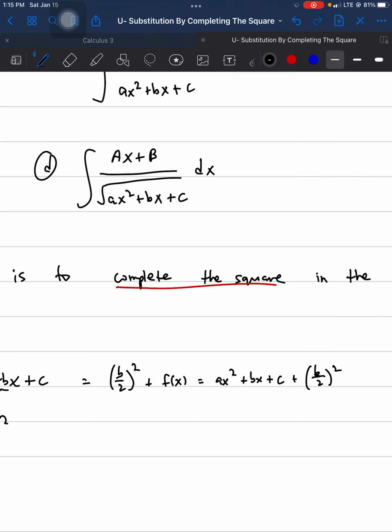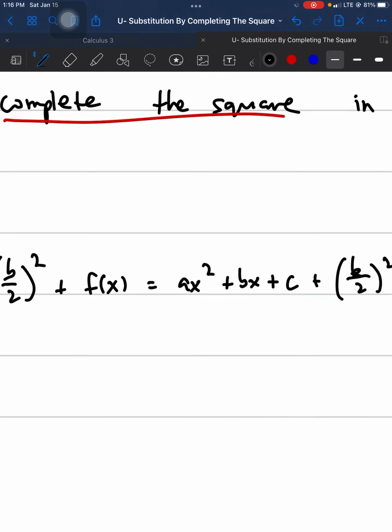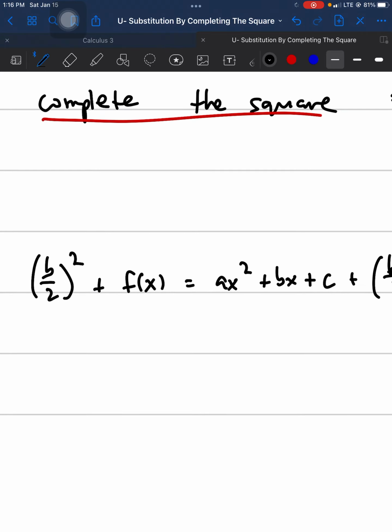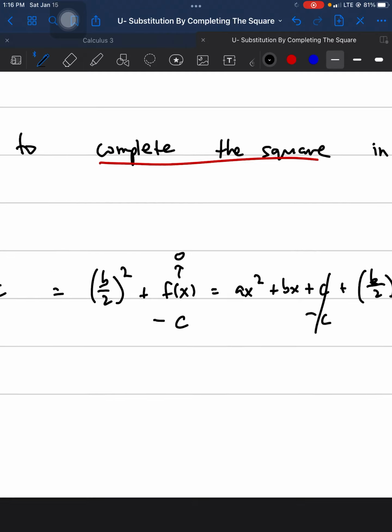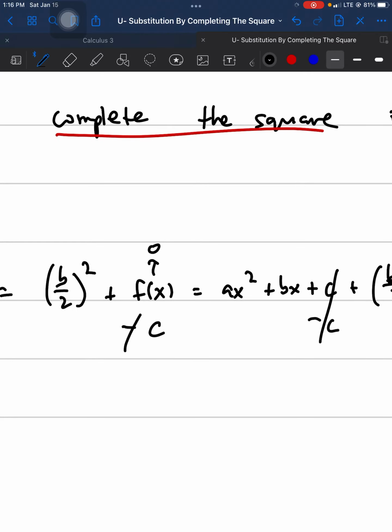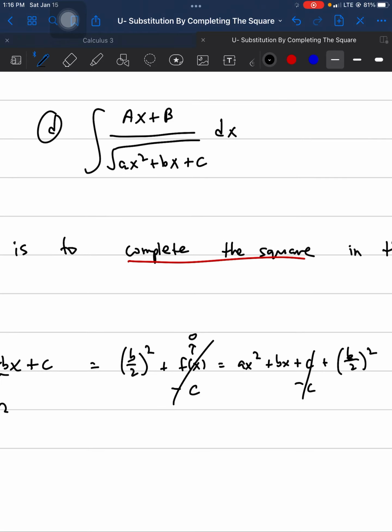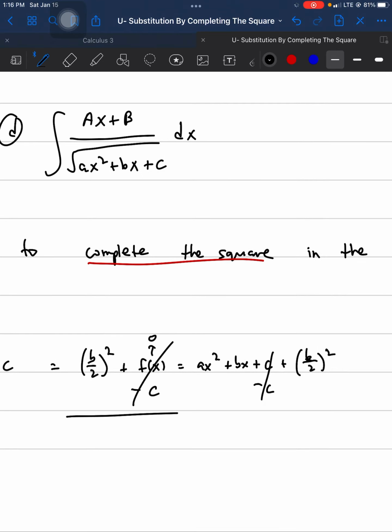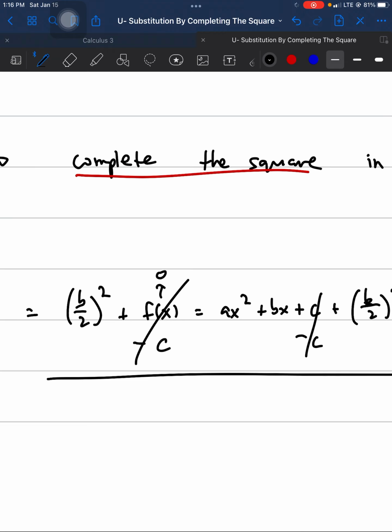Once we do this, we get something that allows us to put the entire quadratic into a simpler form. Right here we would want to subtract this c on both sides, and this f of x would generally be equal to 0 when we're trying to solve.